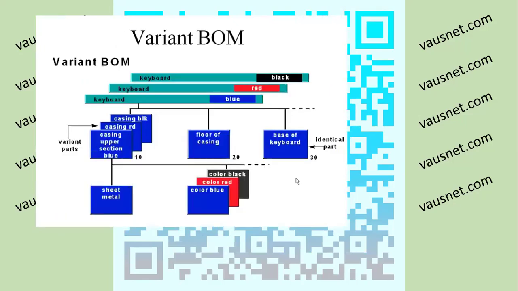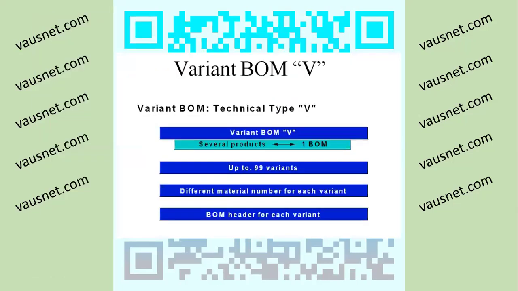Variant BOMs, as I've already told you, basically the configuration is the same, but with slight changes in features, like black, red, blue. These are light changes which do not change the whole structure of the finished product in a major way. The Italian machine versus the Chinese machine, that is the variant form.